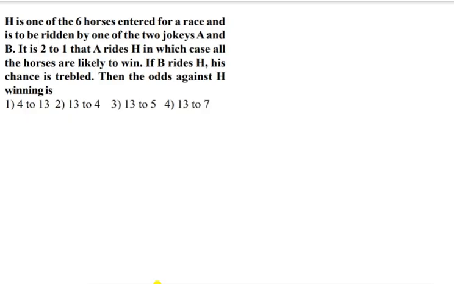Observe this particular question. H is one of the 6 horses entered for a race and is to be ridden by one of the 2 jockeys A and B. It is 2 to 1 that A rides H. Odds given. So what about odds in favor of an event?